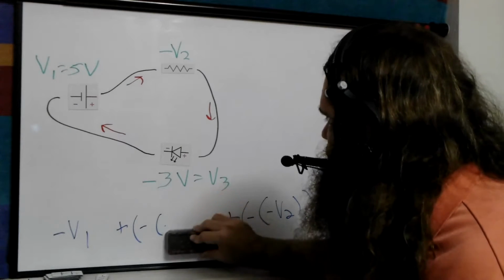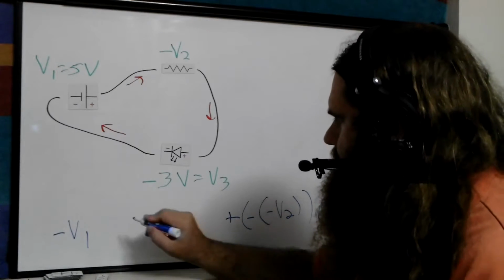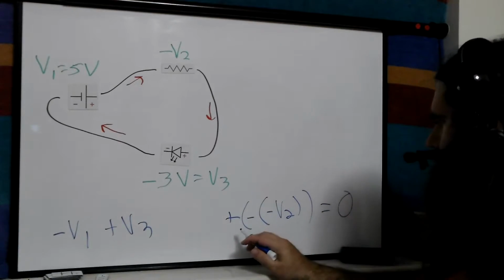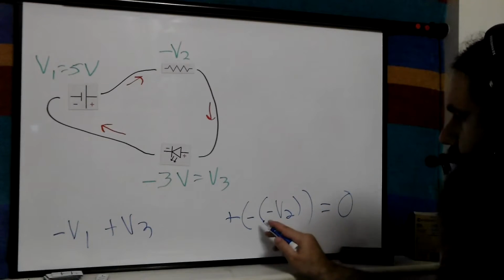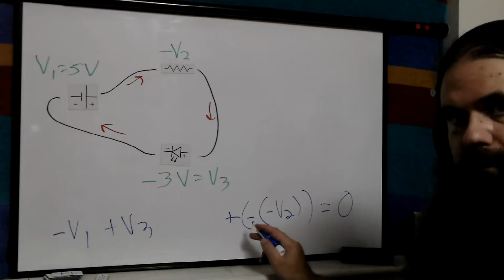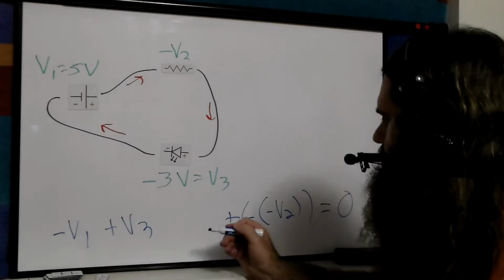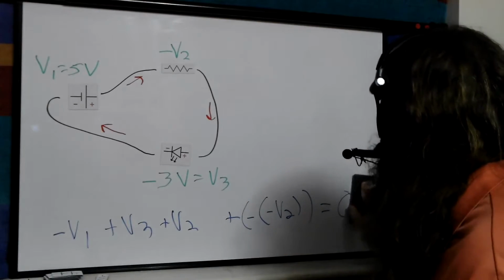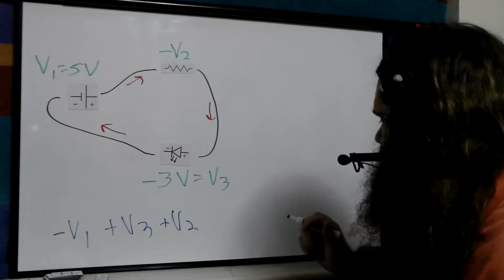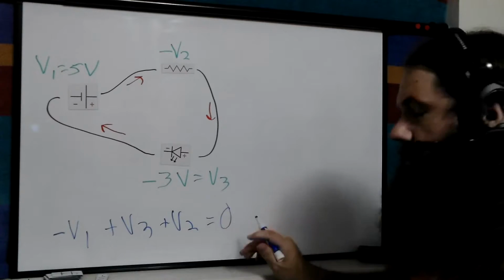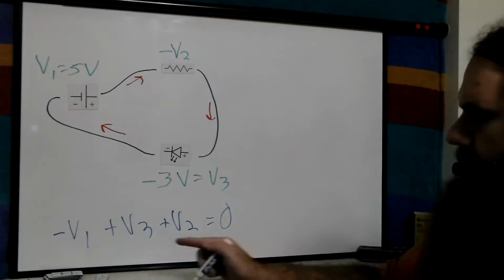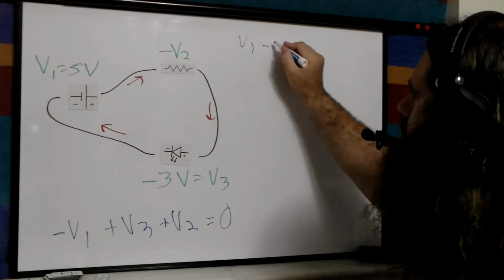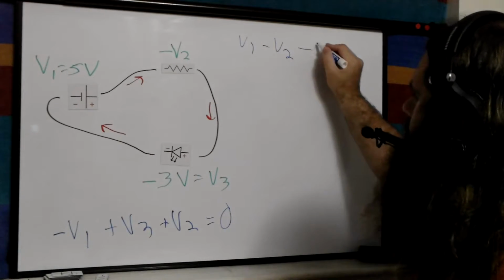So it's plus V3. And again, it's plus a minus minus V2. Minus and minus makes plus. Plus and plus is plus. So it's just plus V2 equals 0.